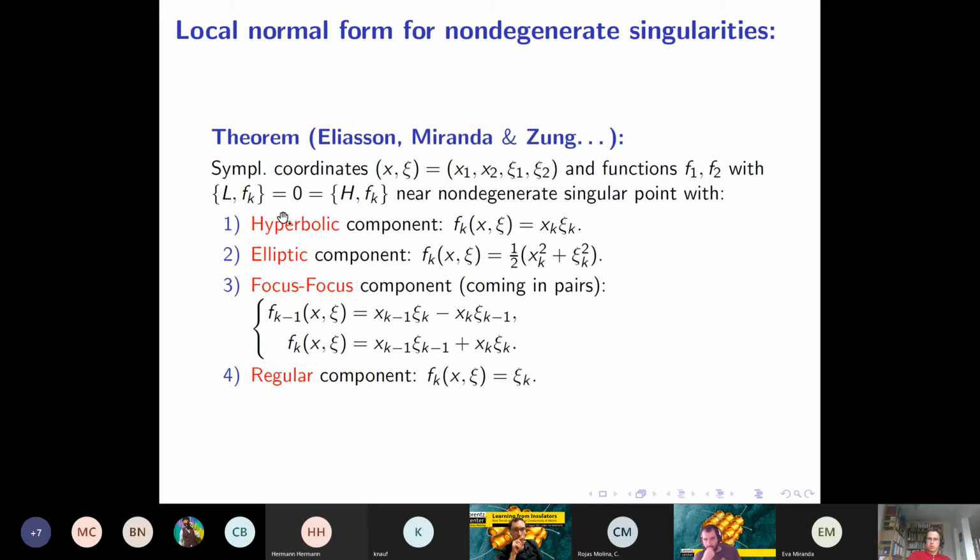I can have hyperbolic components, or elliptic components, or focus-focus components, which eats up 2 integrals immediately, or a regular component, which is technically not singular. And with that, as long as I'm non-degenerate, I cover everything. The problem is, of course, what's happening if I'm degenerate, but I'm coming to that at the very end of my talk.